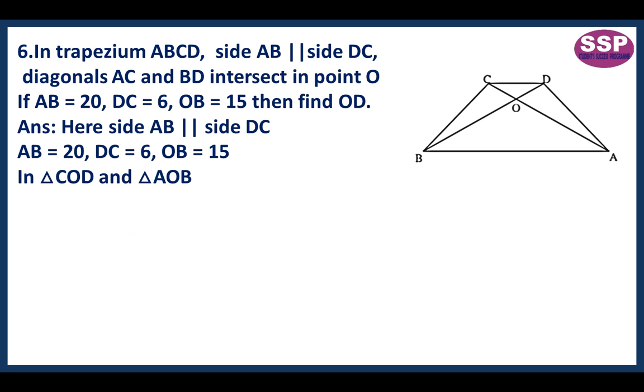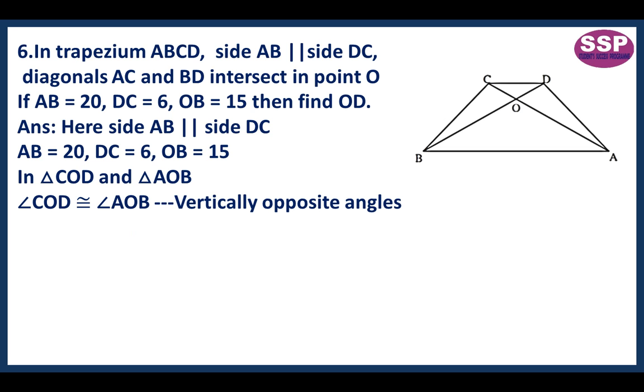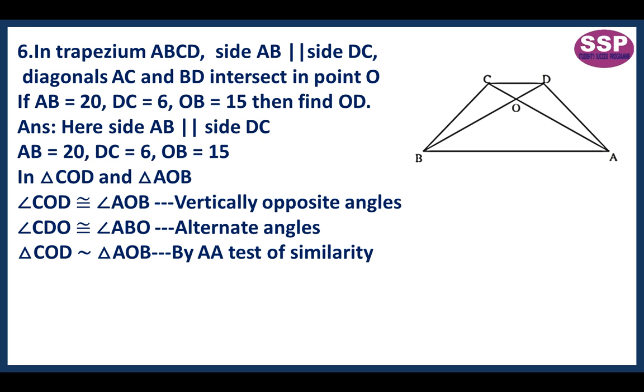In triangle COD and triangle AOB, angle COD is congruent to angle AOB, vertically opposite angles. Angle CDO is congruent to angle ABO, alternate angles formed by transversal BD on parallel sides AB and DC. Therefore, triangle COD is similar to triangle AOB by AA test.